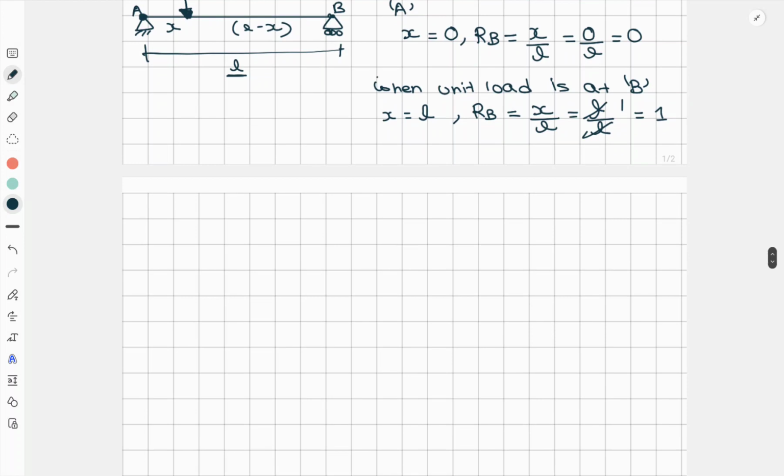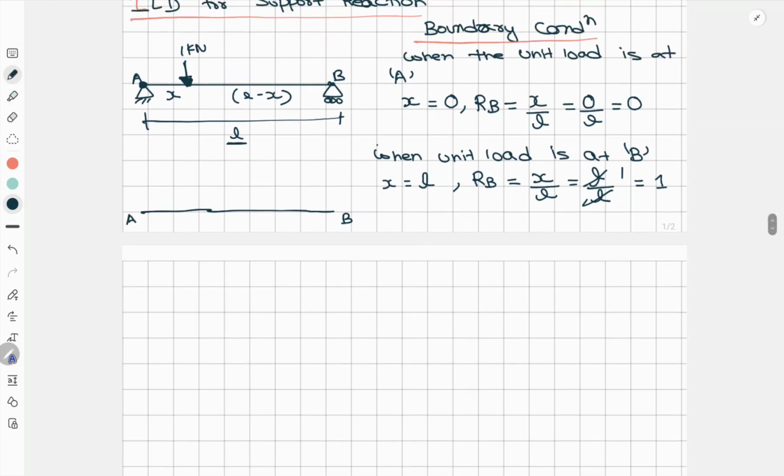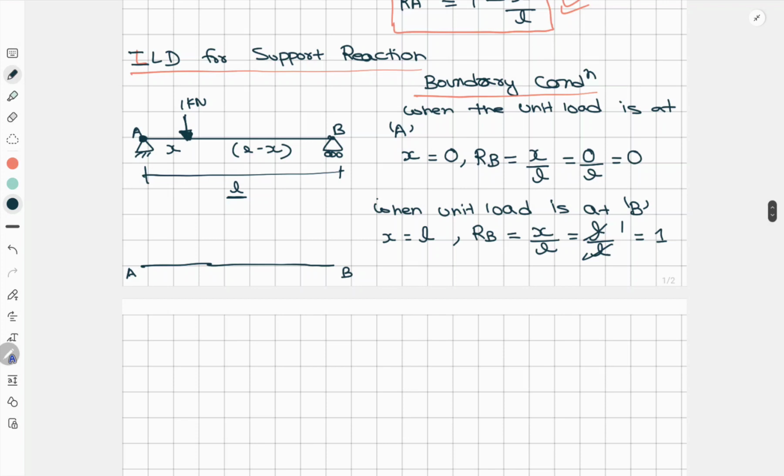Now we'll draw this. So how to draw this one? This is A and B point. So here in the first condition, when the unit load is at A, then the X will be 0 and RB value will also be 0, right? But in the next condition, when the unit load is at B, the length will be L and RB value will be 1 positive, right?